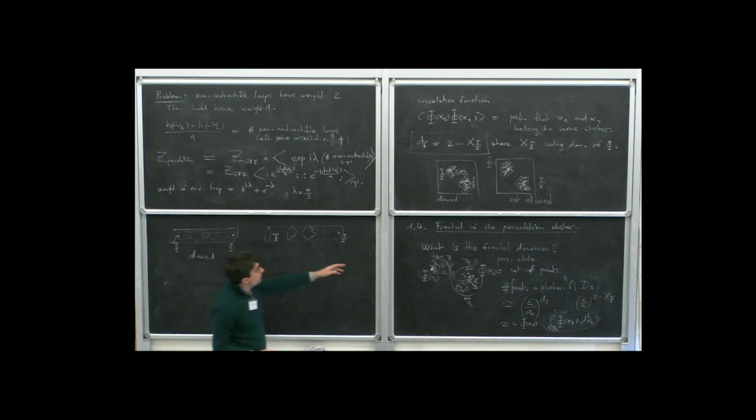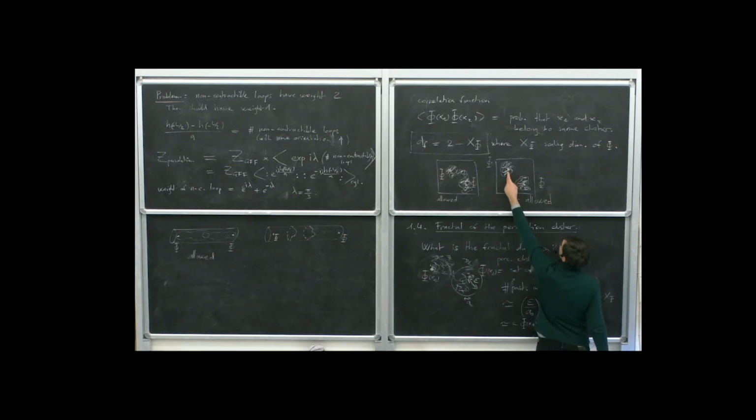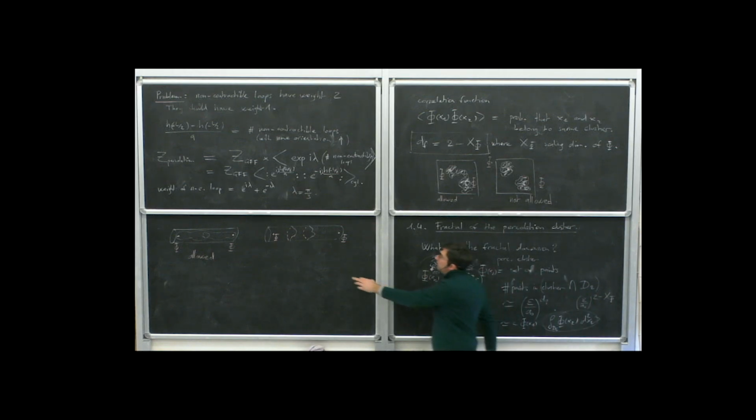Is it clear? I use a conformal map to the cylinder. This point here arrives here. This other point arrives here. This loop gets mapped to a non-contractible loop here. This loop gets mapped to this other non-contractible loop. This is not allowed.